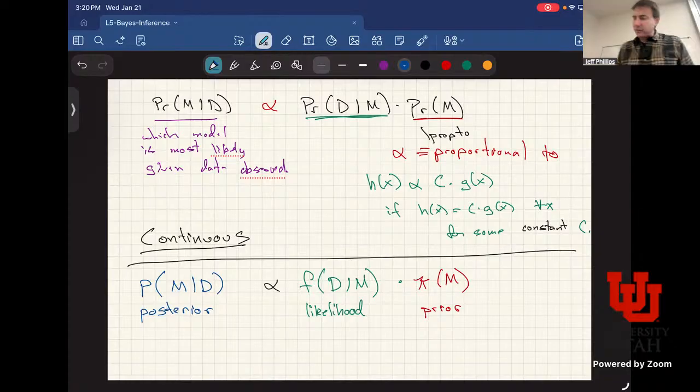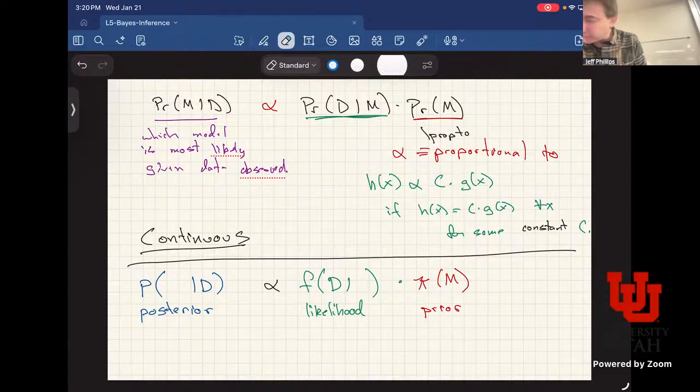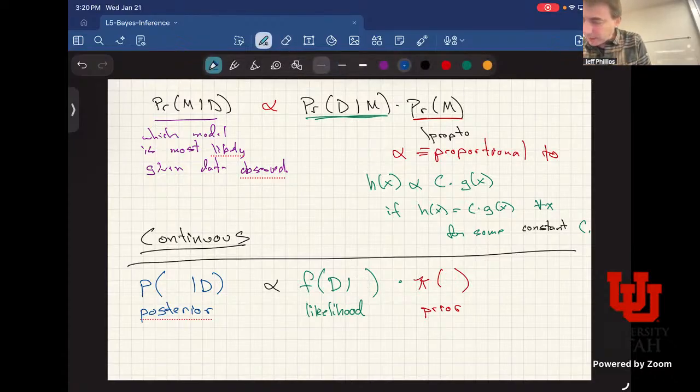Okay, so actually what we want to do is I'm going to replace this uppercase m by a lowercase m here, because we're going to look at a single parameter value of the model, or a single scalar value.